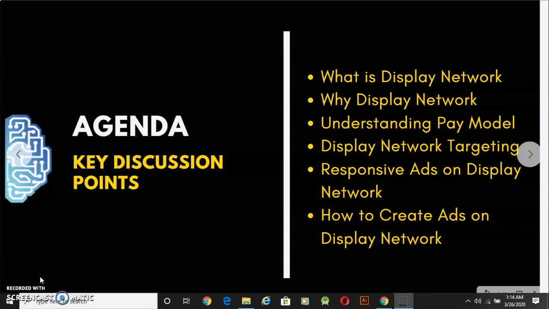In case of search network, your ads are only shown to people when they actually go and search for your product or services. While in case of display network, you can capture someone's attention earlier in the buying cycle. You can put your ads in front of people before they start searching for what you offer, which can be a key for your overall advertising strategy.